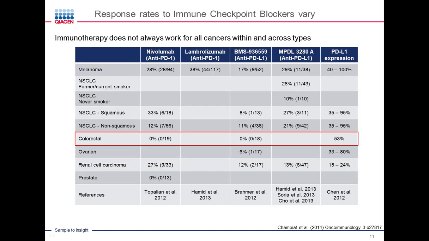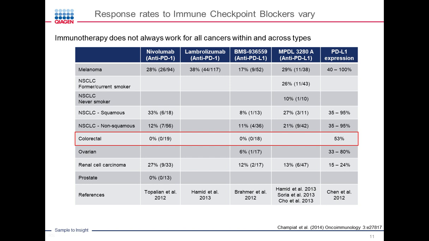So I mentioned that there are specific cancers that actually respond to these immunotherapies and immuno-oncology drugs. And again, there has been intensive research to try to answer the question of why. And this is shown actually on this slide here.